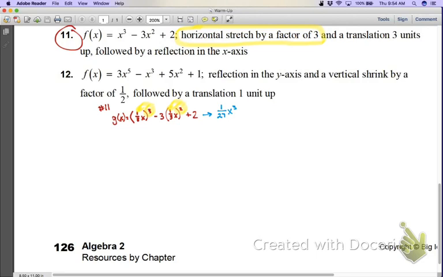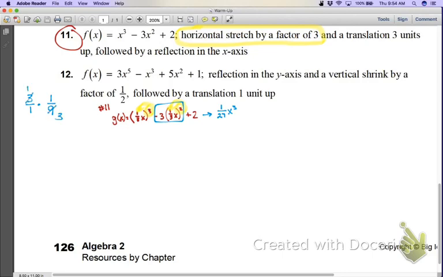Now I'm going to do all of this together. What's 1/3 squared? 1/9, right? What's 1/9 times -3? If I have 3 over 1 times 1 over 9, that's going to make that a 3, and that's a 1.